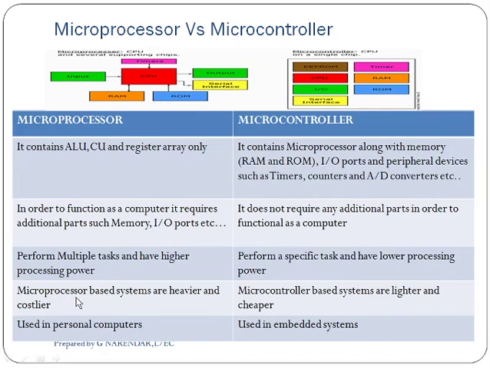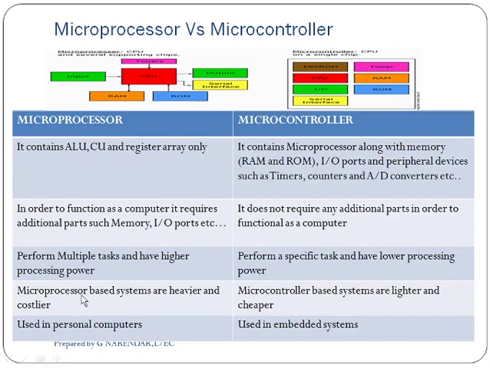Coming to the fourth point of comparison, microprocessor systems are heavier and costlier. Here there is a CPU, and the CPU is a microprocessor actually. The microprocessor also requires other additional parts, and when you use a microprocessor in a system, that means in an appliance, not only do you require the microprocessor, but you also require all these parts.